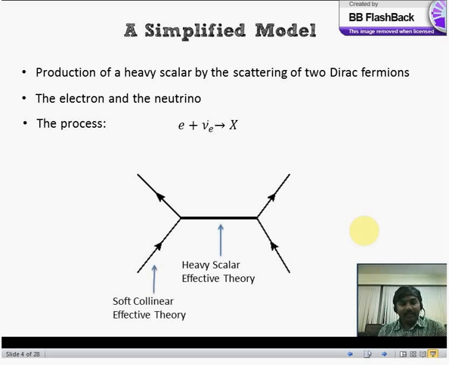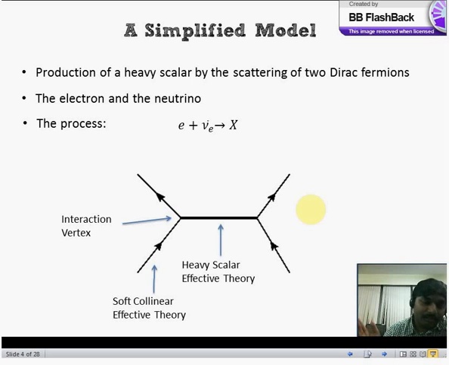These lines, which represent the incoming electron and the incoming anti-neutrino, are collinear, and thereby they are given by the soft collinear effective theory Lagrangian. And this interaction vertex is a Yukawa type vertex. We'll also have another interaction vertex, which is the 4-Fermi interaction, which is basically obtained after the scalar has been integrated out.